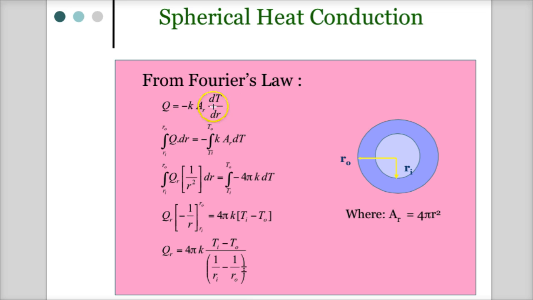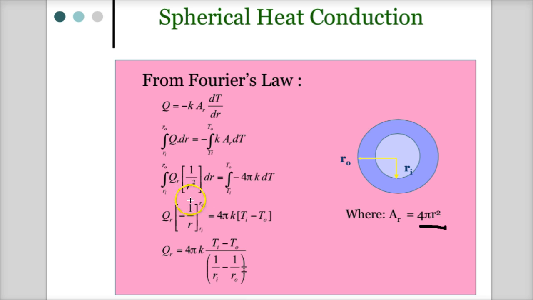All right. So Fourier's law, same as before, and dr, since we use radius. So what is the area for a sphere? 4πr². So r squared goes down there.